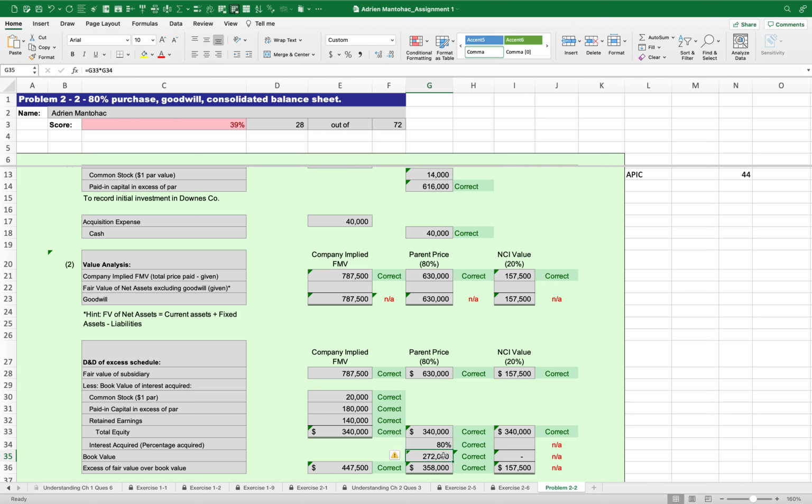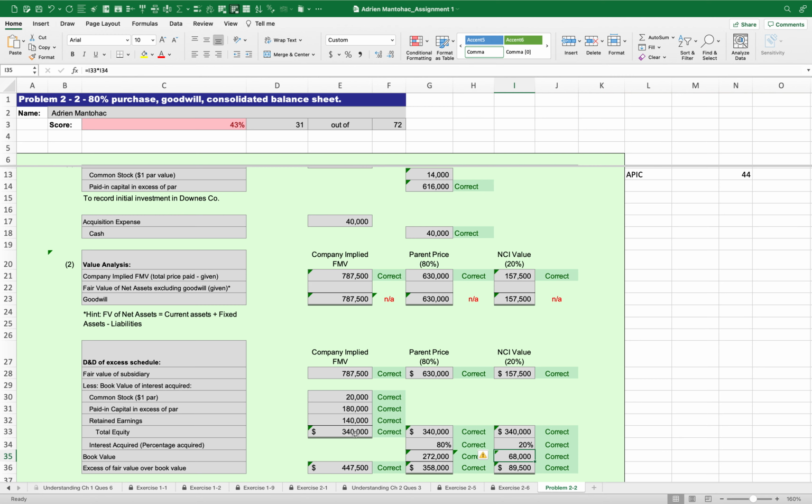In other words, we acquired 80% of the book value of their net assets, which is 80% of their equity components, which is worth 272,000. And we can do the same analysis for the non-controlling interest, multiplying those two items across.